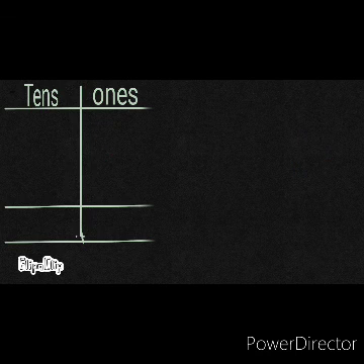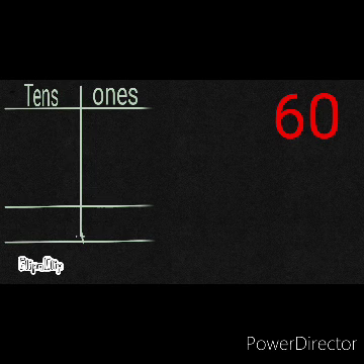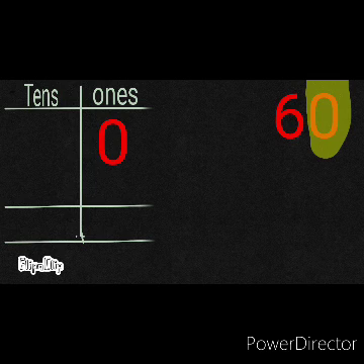Let's look at another one. 60. The 0 should go under the ones column, and then 6 should go under the tens column.